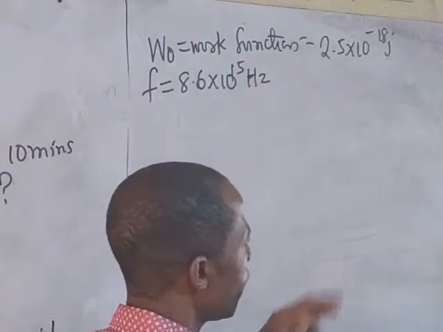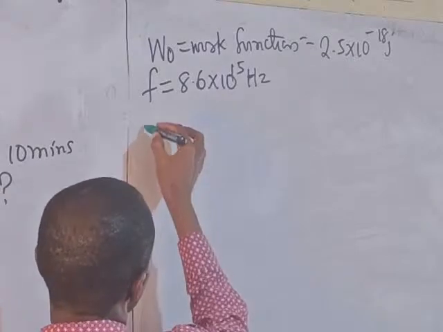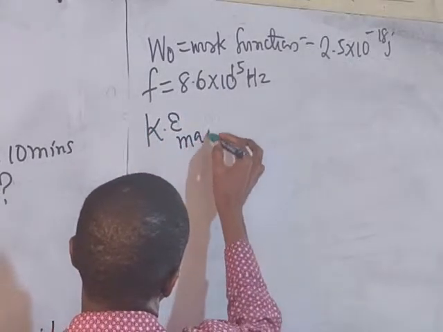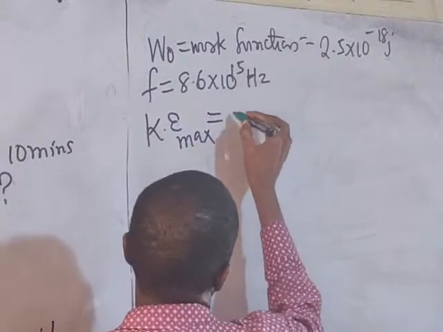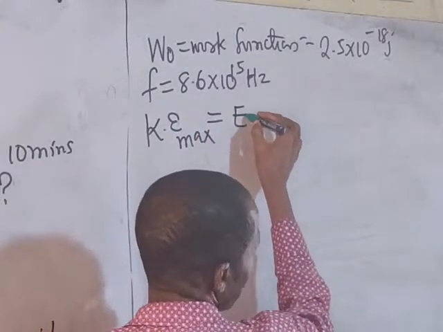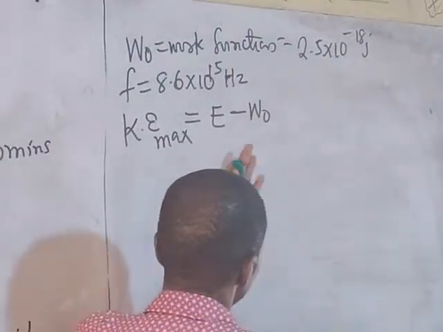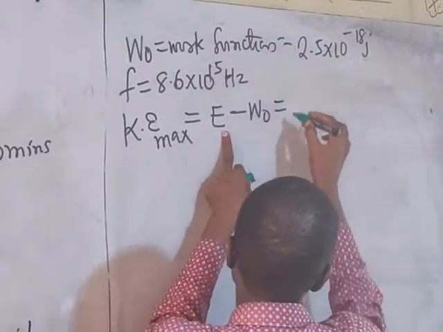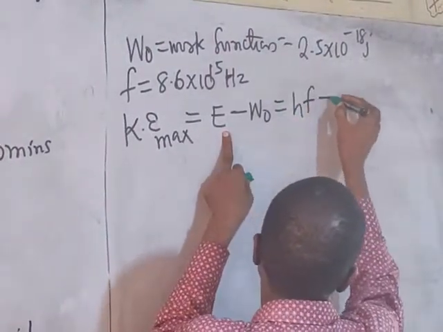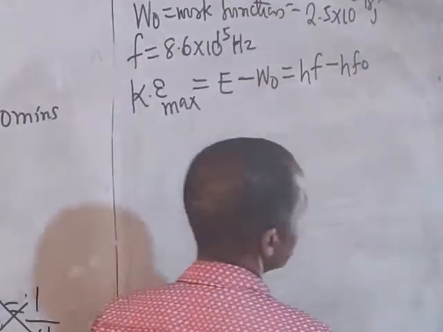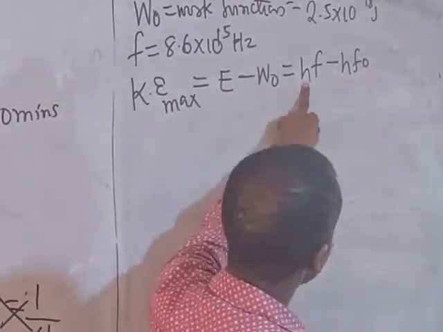Now remember, the formula for calculating the maximum kinetic energy, KE max, is equal to E, that's the energy of the photon, minus W naught. This can also be written as E is equal to hf, minus W naught. So we know what h is.